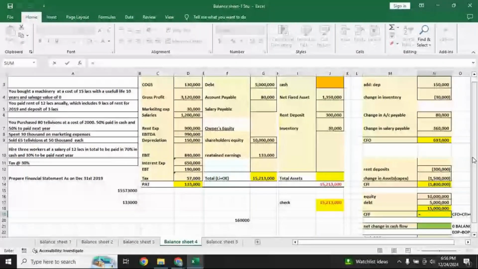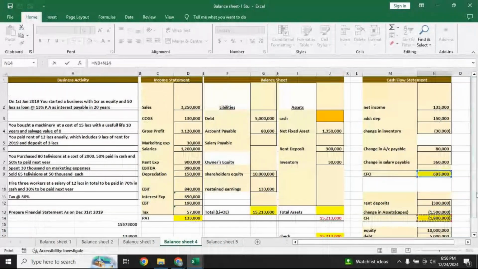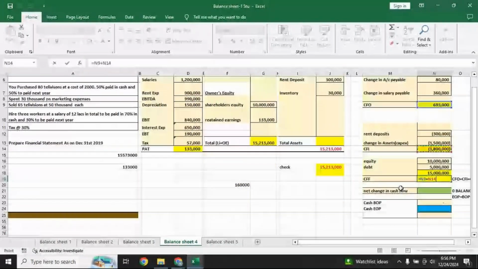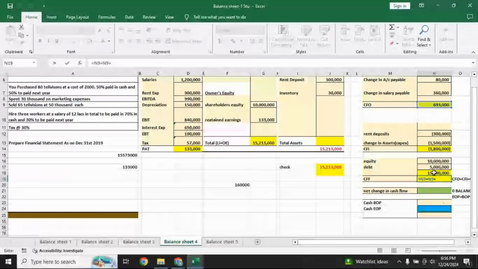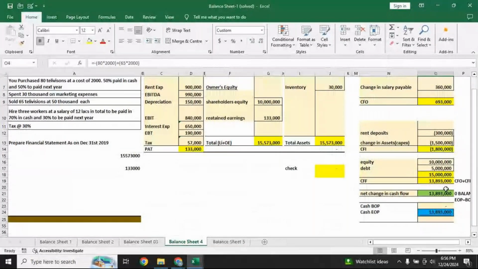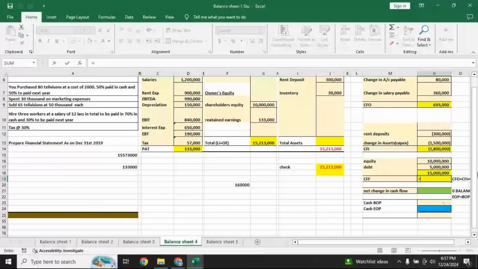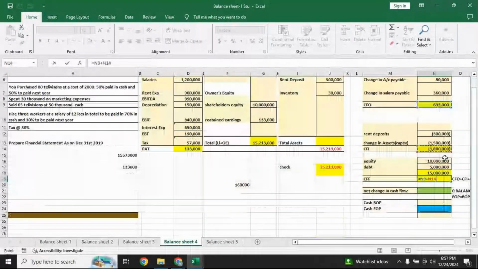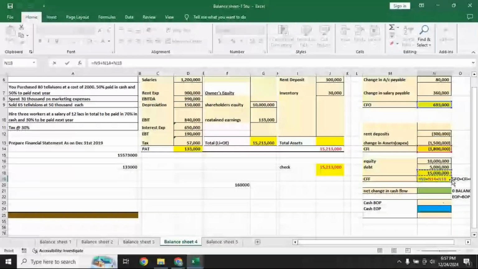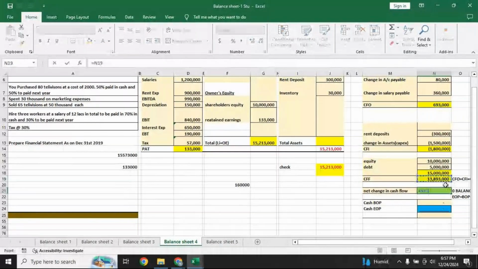So net cash flow will be CFO plus CFI plus CFF. This amount is going to bring the net change in the cash flow, and here this amount will be what?